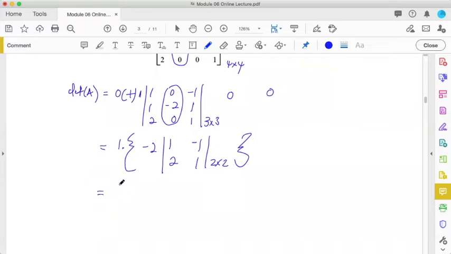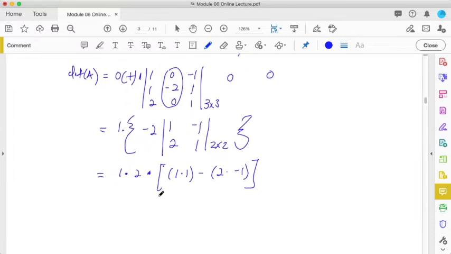So you can further simplify and put it in this form. Then you reduce this 2 by 2 matrix into a determinant. How you do that: you take 1 multiplied by 1 minus 2 multiplied by -1. So the way you solve it is you pick the column that consists of a lot of zeros, then you reduce the matrix from 4 by 4 to 3 by 3, to 2 by 2, and finally you have the determinant.